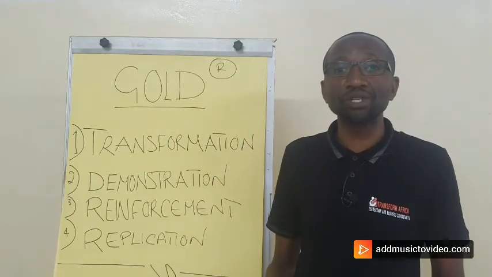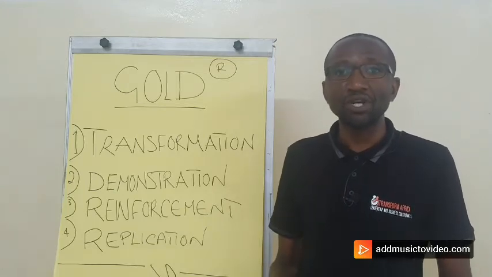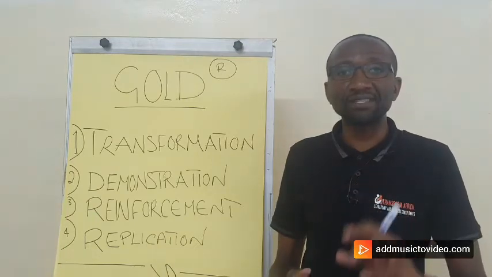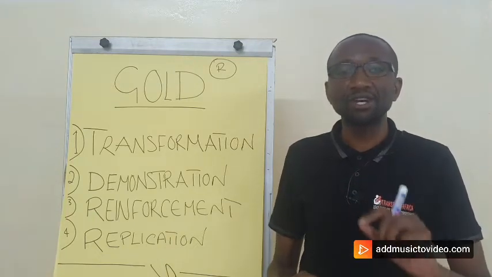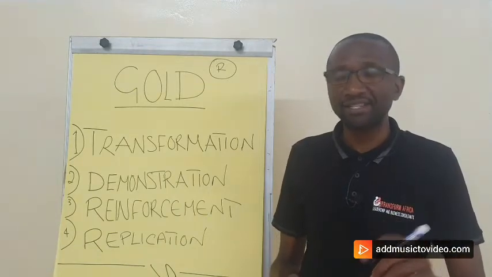And one of the tools which I use is the 360-degree leadership assessment tool. So you use those tools, you measure the progress of your leaders, and then you determine the deficiencies which you need to deal with as you develop your leaders in that organization.